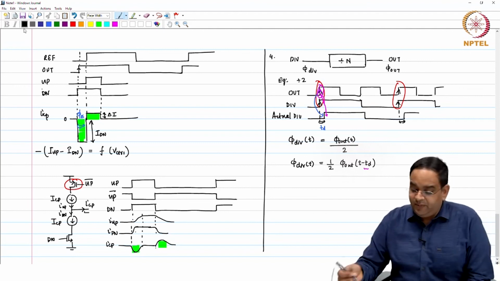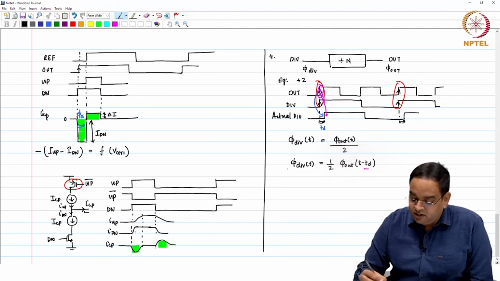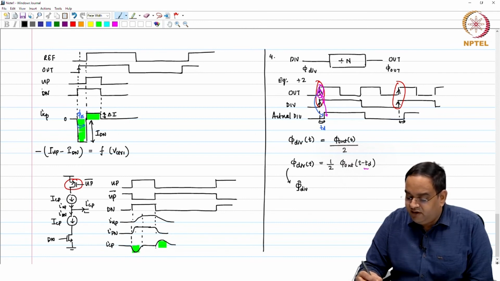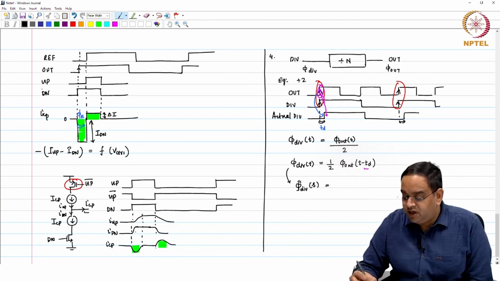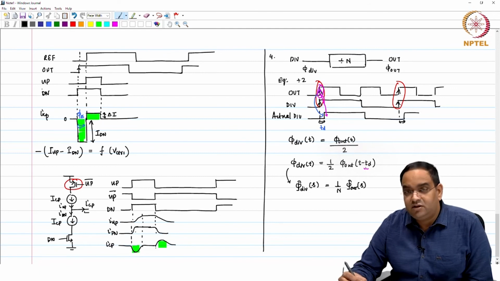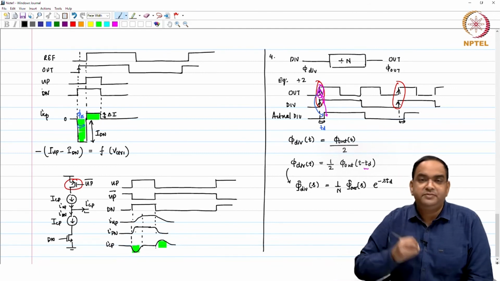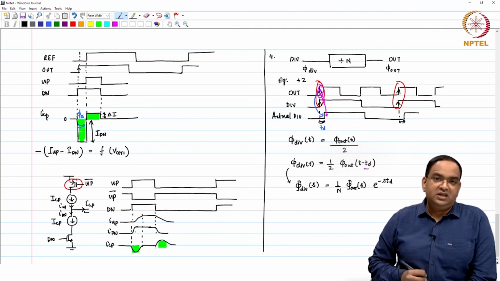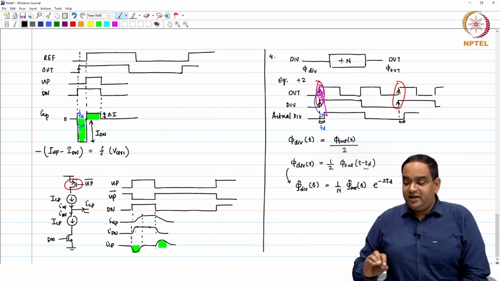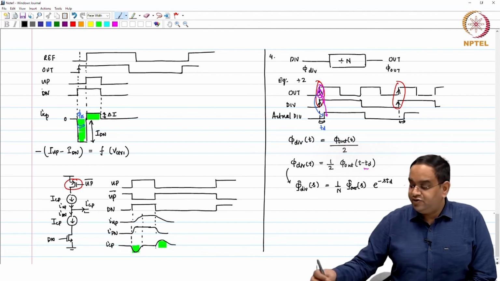Now, if this happens, then what happens to the transfer function? Then phi div of s is nothing but 1 over n times phi out of s. The transfer function for the delay is going to be e power minus s t d. The delay may be very small, but it is a delay, and this is something which we have not taken into account.